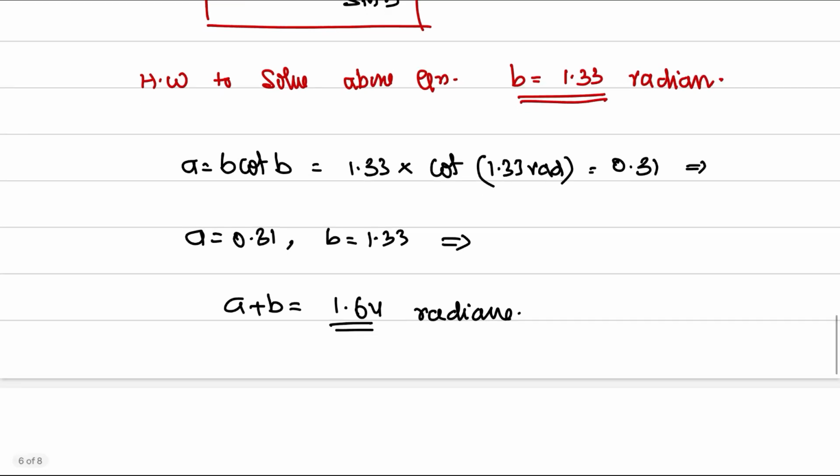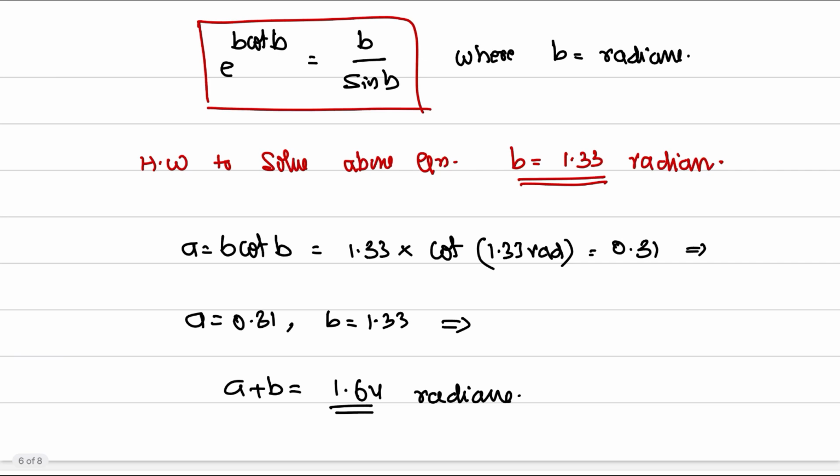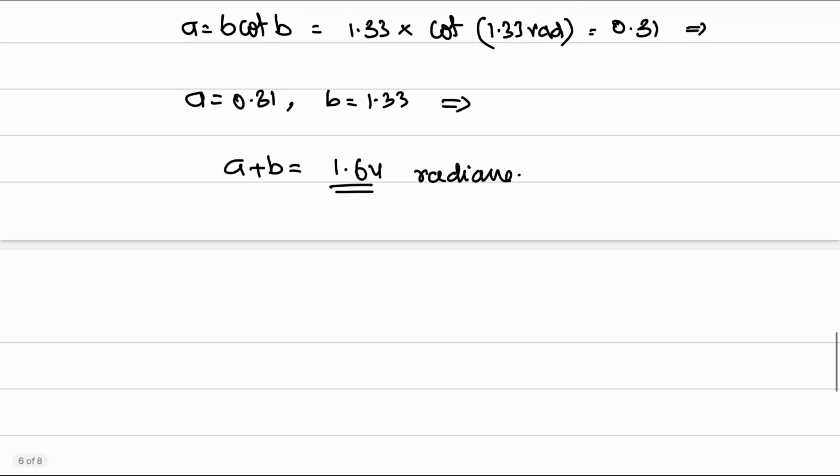This is one method. The equation e to the power of b cot b is equal to b by sin b you can solve very easily by the trial and error method. It's not a big problem. Then a plus b is equal to 1.64 radians.